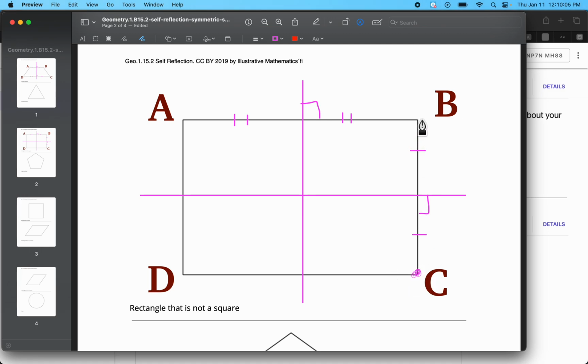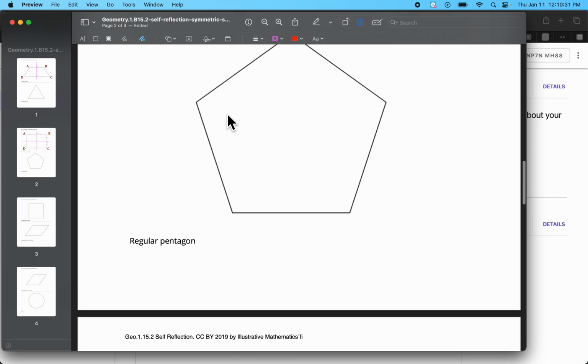So from C up to B, it travels in a line segment that is a right angle to our line of reflection. So here's our line of reflection running right through the middle, sideways. If I make a segment between B and C, which is this edge, that has to be a right angle.